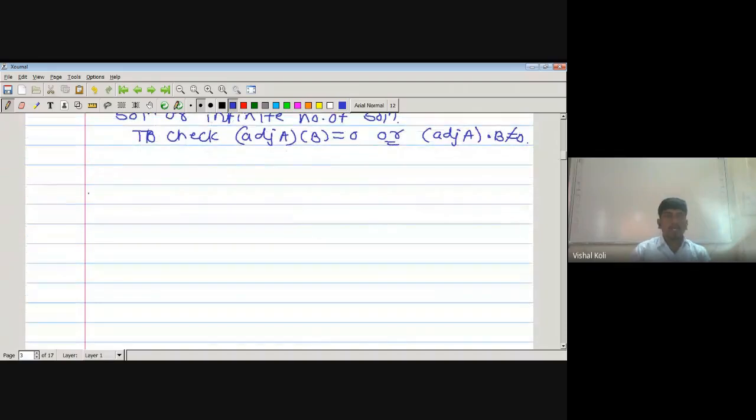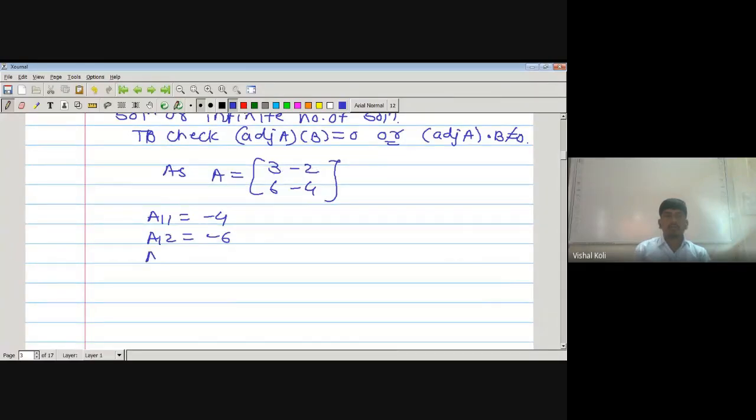Okay, so A is a matrix having entries 3 minus 2, 6 minus 4. Then the cofactor of each element will be A11, which is nothing but minus 4, A12, which is equal to minus 6, A21 is equal to plus 2, and A22 equal to 3.